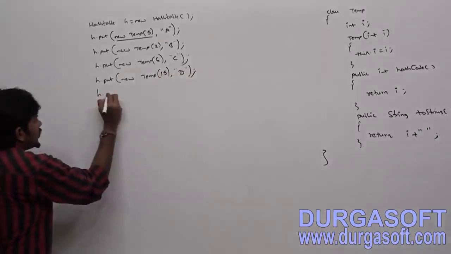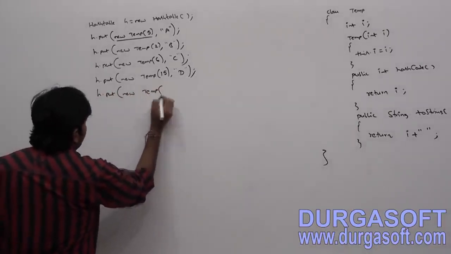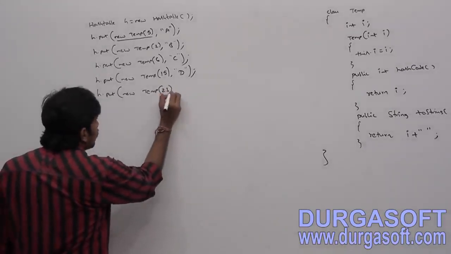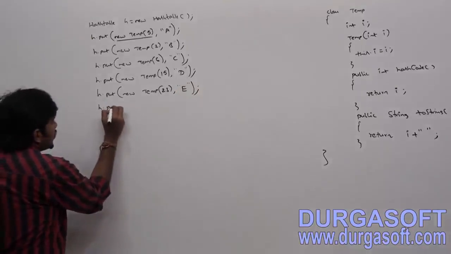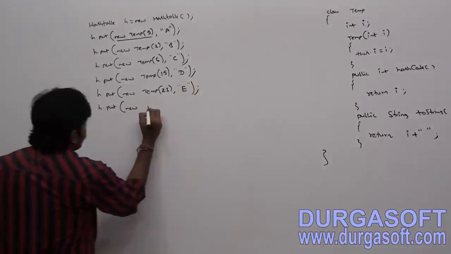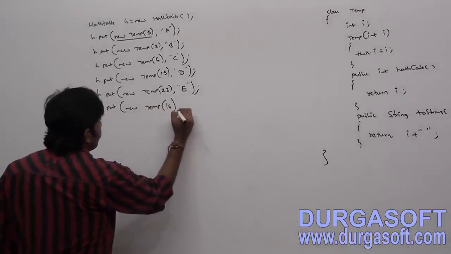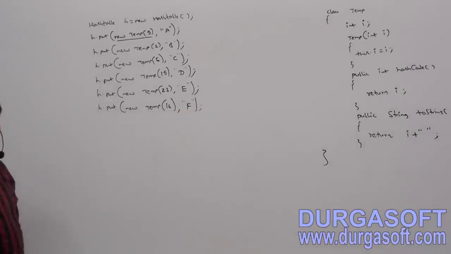Next, h.put(new Temp(23), E). Next, h.put(new Temp(16), F). I hope this is the last one. The null line is commented, so not required to worry.